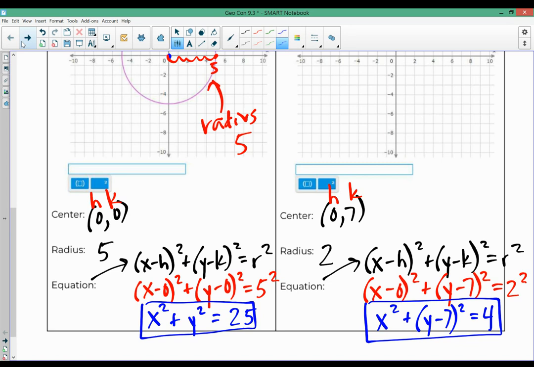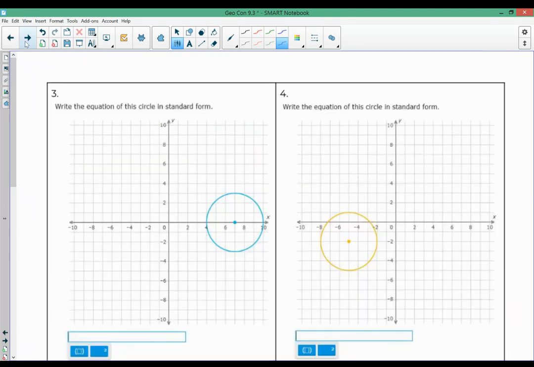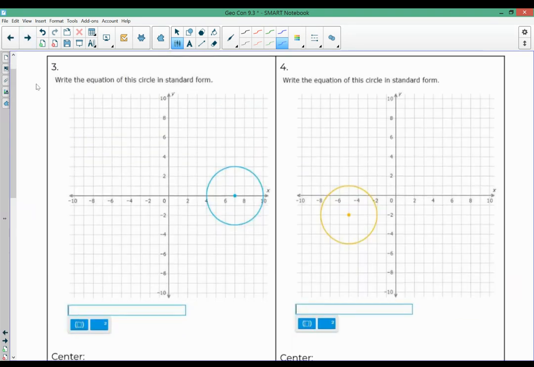All right. 2 more just like this. Write the equation of this circle in standard form. So now our center is here. So the center is now at 7, 0.